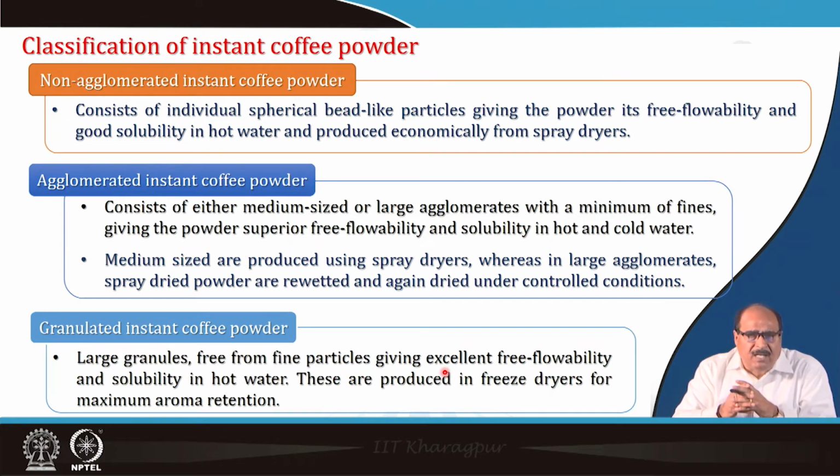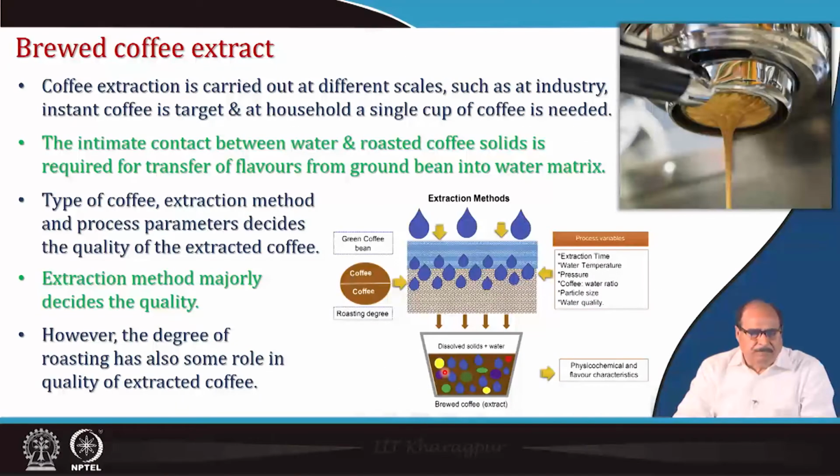Then granulated instant coffee powder, in this large granules free from fine particles give excellent free flowability and solubility in hot water. These are produced normally in freeze dryer for maximum aroma retention. Then brewing of the coffee extract, okay, brewing means extracting the coloring and flavoring compounds and getting the coffee beverage.